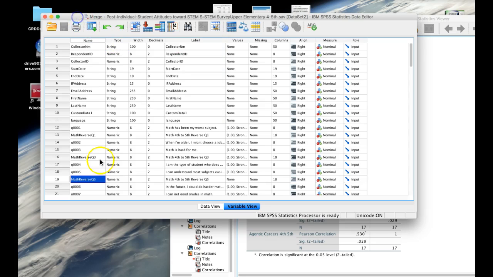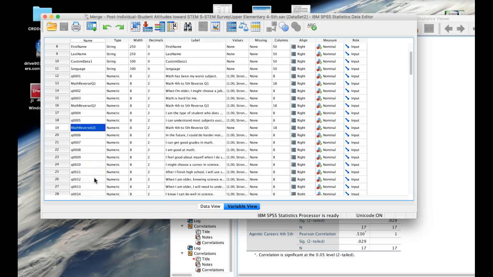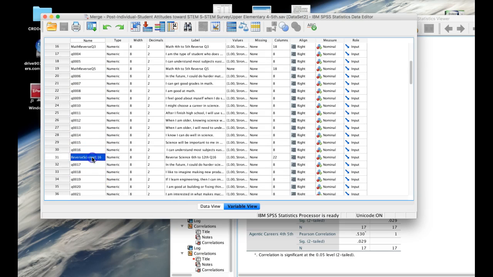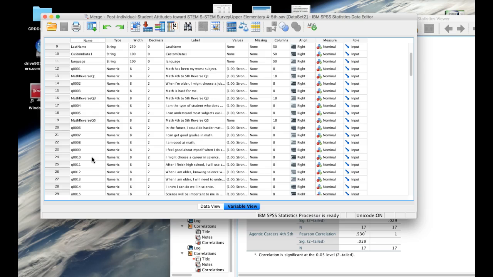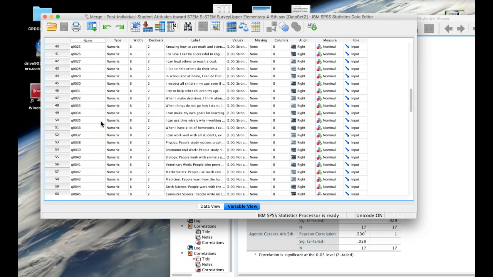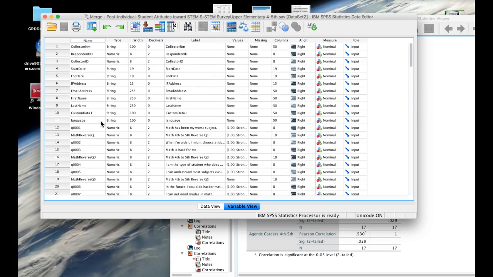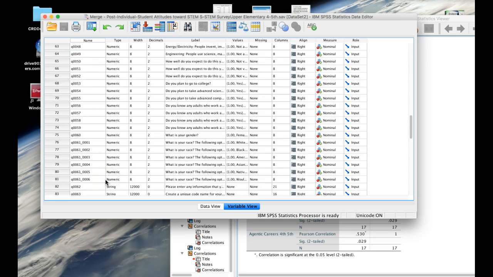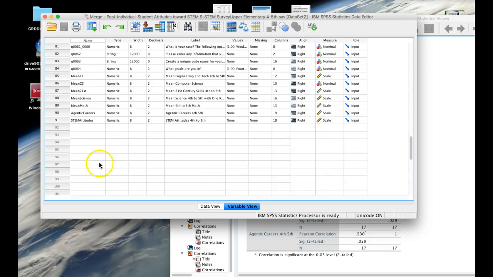So I did that for 3 math variables and 1 science variable, so that when I calculated the mean of what I call the math segment of the information, the chunk of information for math, I used the reverse variables in my mean calculation. So I was able to place the mean math in a variable.